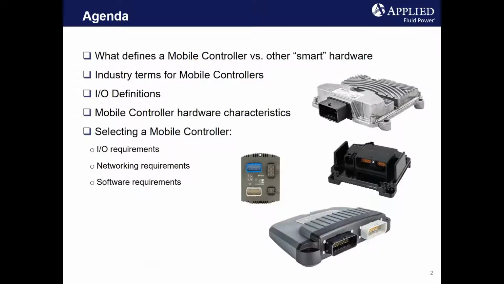The agenda for this presentation consists of, first, what defines a mobile controller versus other smart hardware in the electronic control system, commonly used terms in reference of mobile controllers or industry terms for mobile controllers, the definitions and descriptions of the types of inputs and outputs that correspond to mobile controllers, the general hardware characteristics of mobile controllers, and things to consider when choosing an adequate controller for the application, such as I/O requirements, networking requirements, and software requirements.